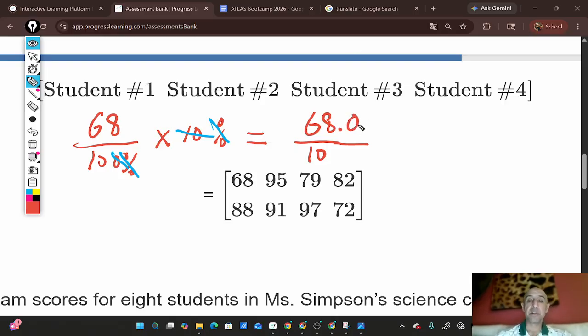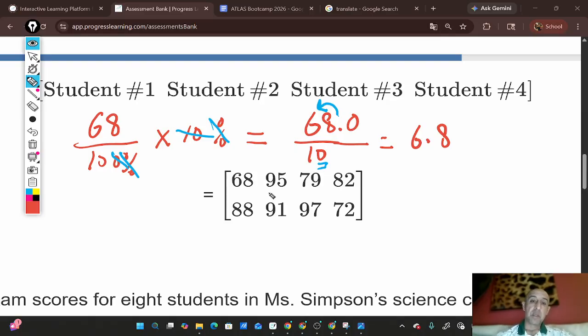This 0 will not change the value now, but we use it for the decimal. Because we divide by 10, we move the decimal to the left one place, and finally we end up with 6.8. So 6.8 is what the teacher will raise the 68 grade by.